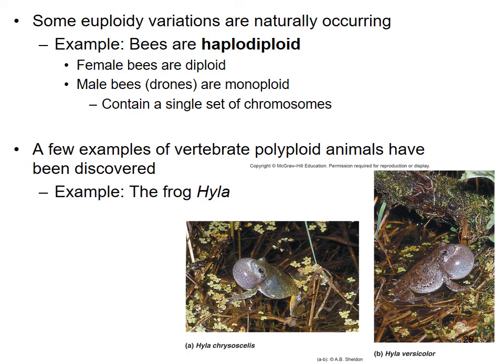Here we go. So some variations that we see happening is in our honeybees. We see that it's quite normal for them to be haplodiploid. And if you might recall, the males are going to be the end result of unfertilized eggs. So they are going to be the haploid copy, the monoploid, only one set of chromosomes. Whereas if you're taking a look at your females, they are the end result of fertilized eggs, so they are diploid.